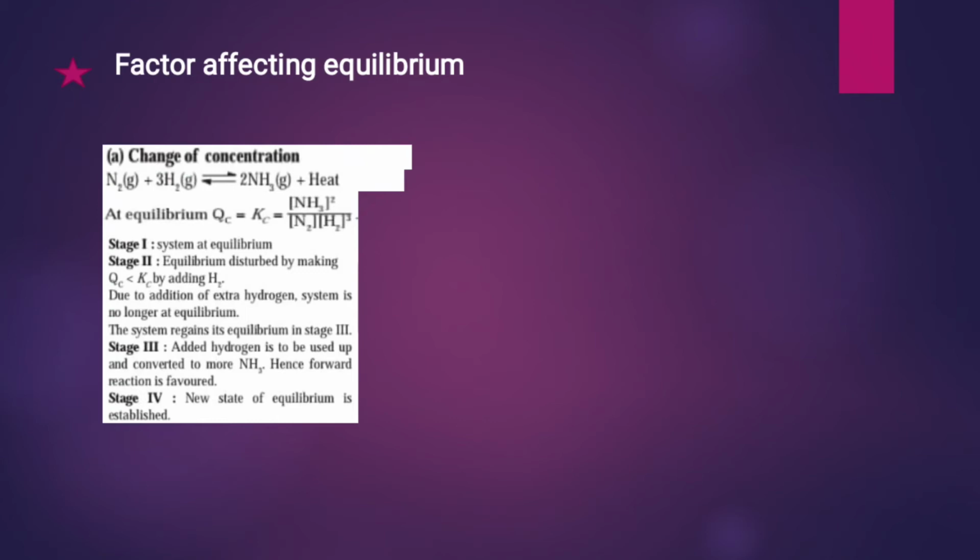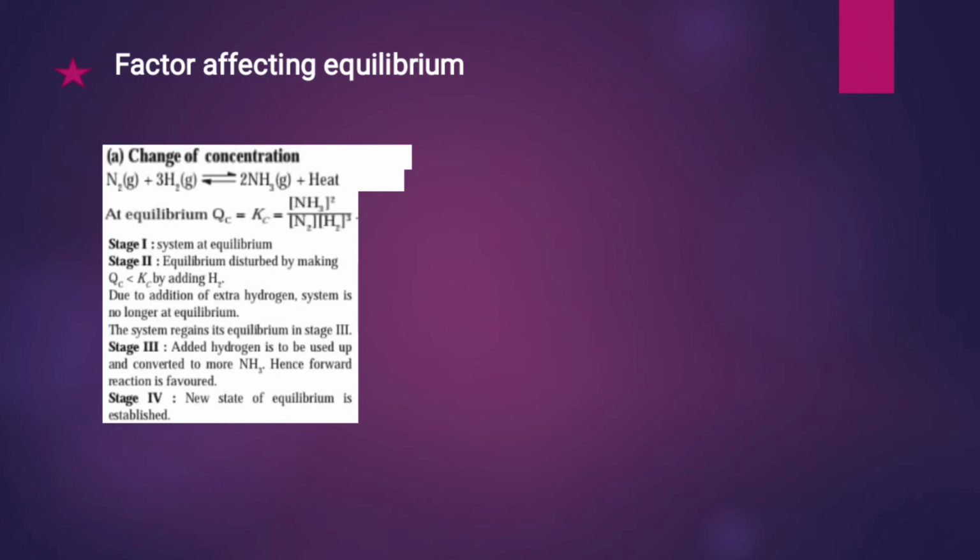The forward reaction occurs to a larger extent than the reverse reaction until the new equilibrium is established, and this results in an increase in the yield of ammonia, NH3. If the reactant is increased, then product will also increase. If the concentration of reactant is increased, the reaction goes in the forward direction, and if the concentration of product is increased, the reaction will go in the backward direction.